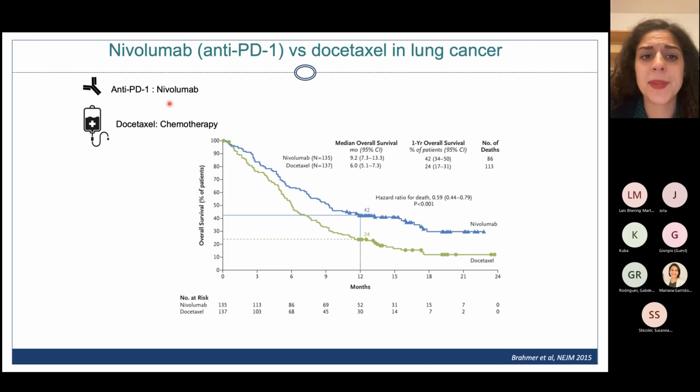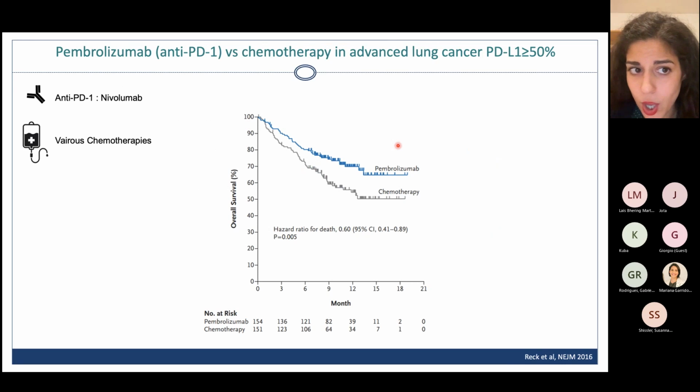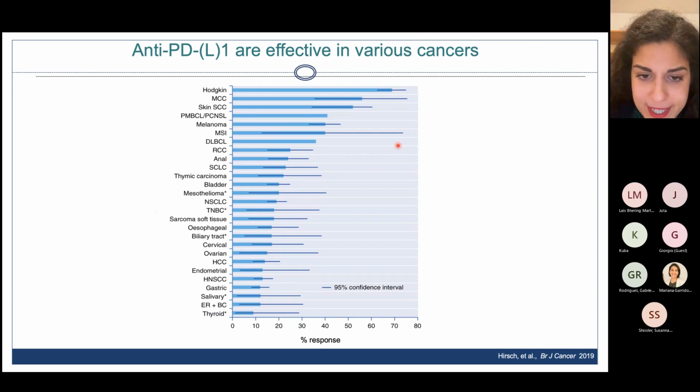This nivolumab can also be effective in other tumors, such as lung cancer. And here it's another study that shows actually the efficacy of, again, pembrolizumab over chemotherapy. And also, what is highly interesting with this kind of immune checkpoint blockade is that you don't care anymore about the source of the cancer.